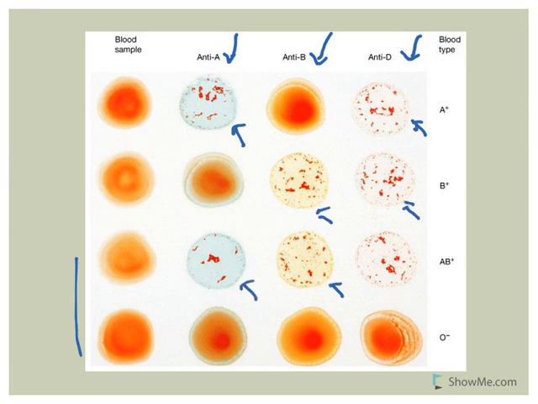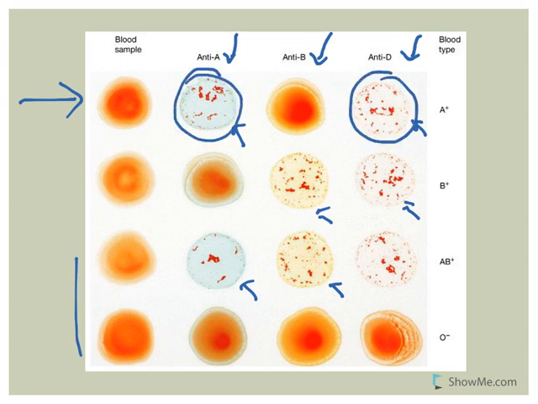So that meant, let's look at this row, that this person is A positive. That means they have the A antigen and the D antigen on the red blood cell membrane. That's why we saw this clumping reaction, or agglutination reaction, in those respective wells.